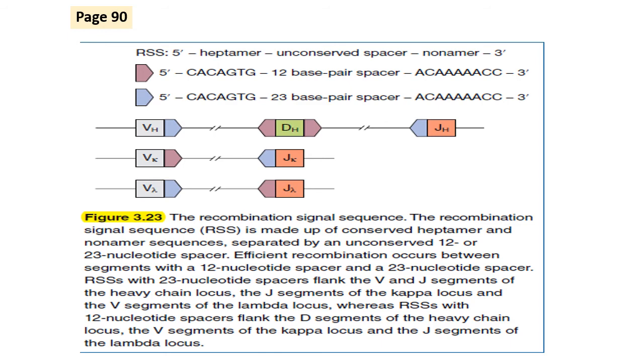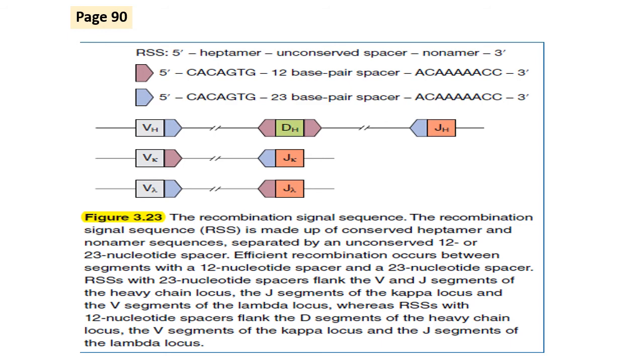Efficient recombination occurs between segments with a 12 nucleotide spacer and a 23 nucleotide spacer. That means the 12/23 rule helps ensure that appropriate gene segments are joined together.